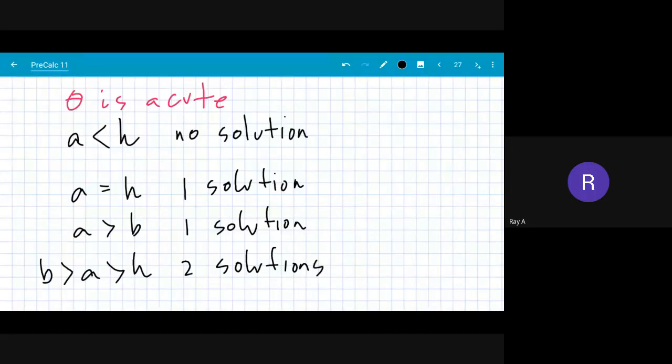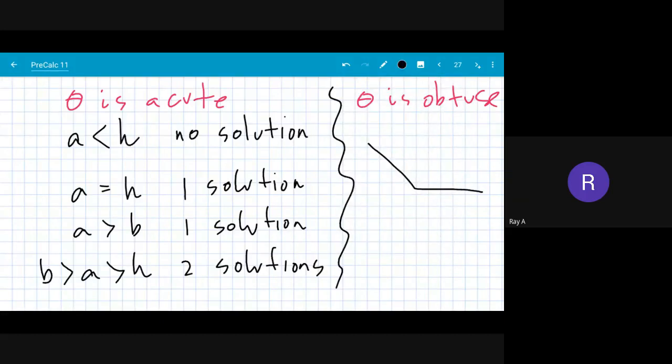Now you might be thinking, okay, but that is when theta is acute. What about when theta is obtuse? So for example, when theta is obtuse, what it means is that the angle given is more than 90, so something like this, all right? So this one is the obtuse angle.